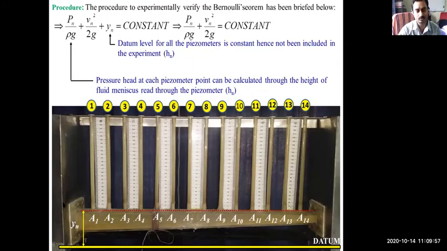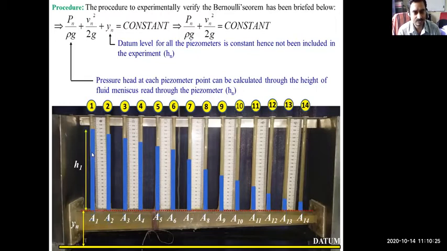So there will be continuous flow, and for a steady state of flow, you will find the water level in the piezometers to be somewhat looking like this. I've just animated it. You could see it experimentally also. It will be swinging like this. This is an animated view.